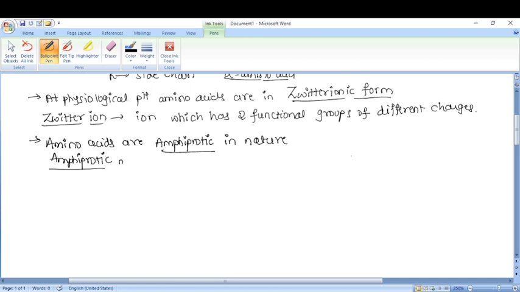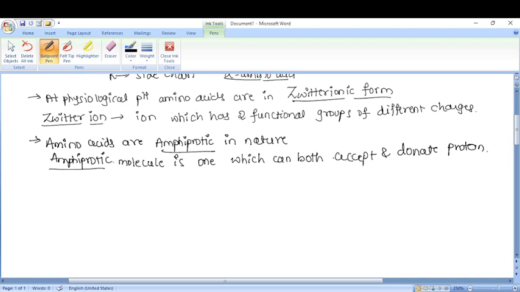An amphiprotic molecule is one which can both accept and donate a proton. That is, the molecule which has the ability to accept and donate a proton is called amphiprotic. The amino acid's nature is also amphiprotic.